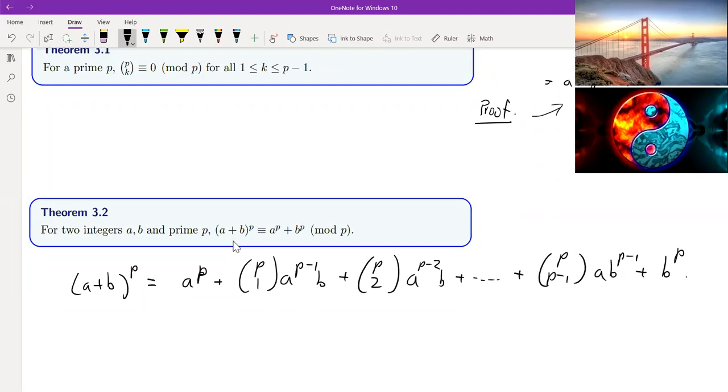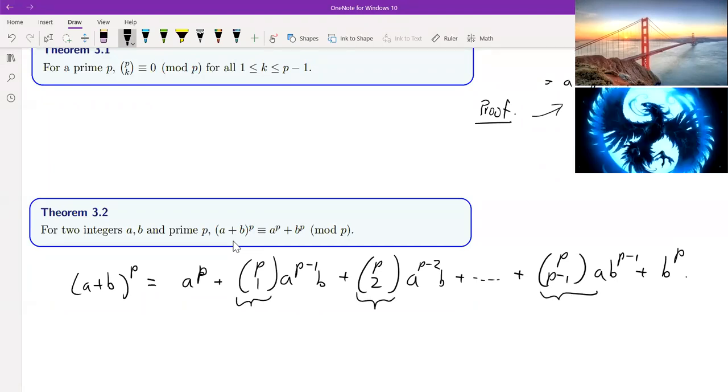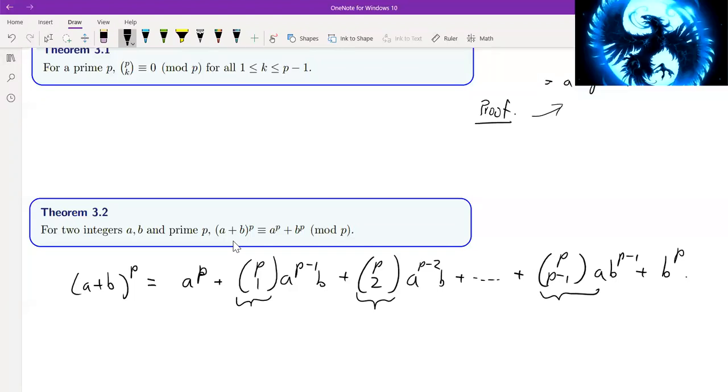If we look at these terms inside mod p, we see that by this theorem, all of these binomials have a factor of p inside, and they're all congruent to 0 mod p. So if we take this entire binomial expansion and take it mod p, all of these become zeros, and all of these nasty terms involving a and b are multiplied by 0 and reduced to 0.